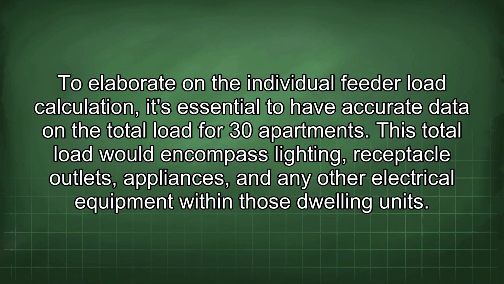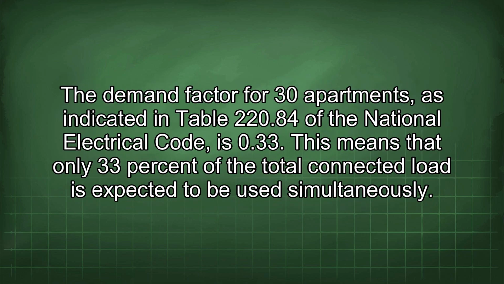To elaborate on the individual feeder load calculation, it's essential to have accurate data on the total load for 30 apartments. This total load would encompass lighting, receptacle outlets, appliances, and any other electrical equipment within those dwelling units. The demand factor for 30 apartments, as indicated in Table 220.84 of the National Electrical Code, is 0.33.